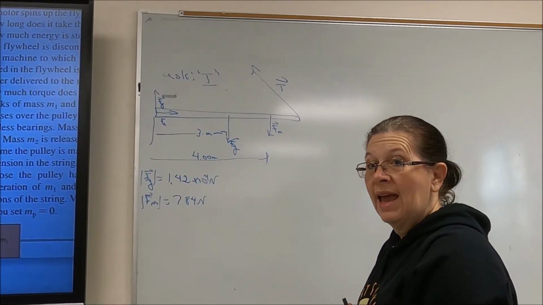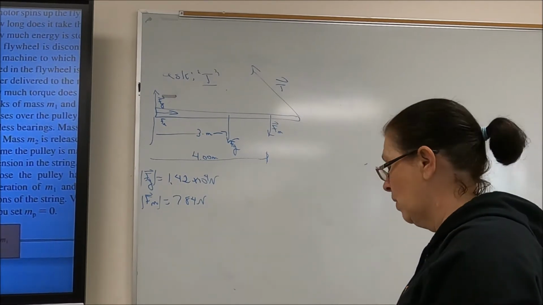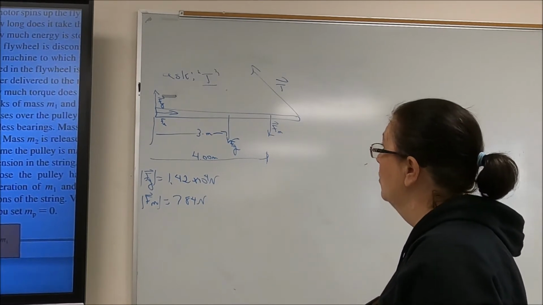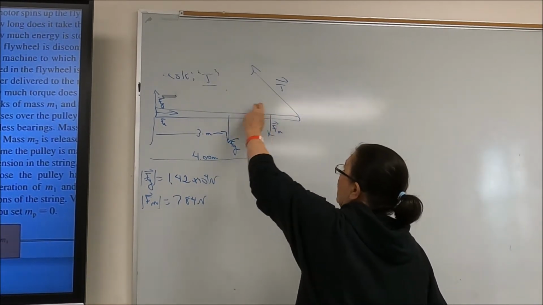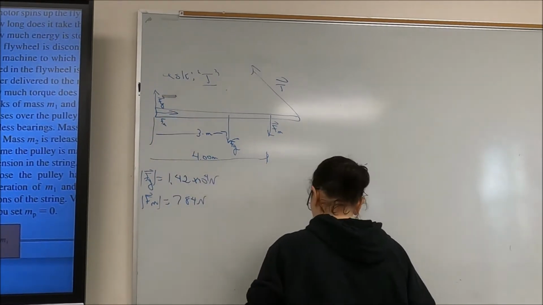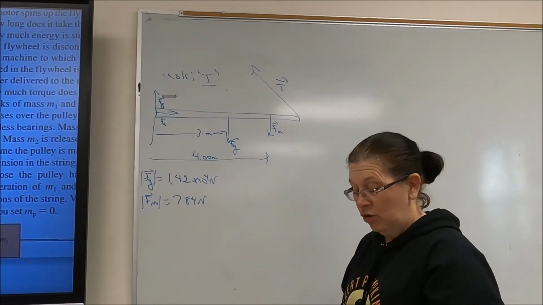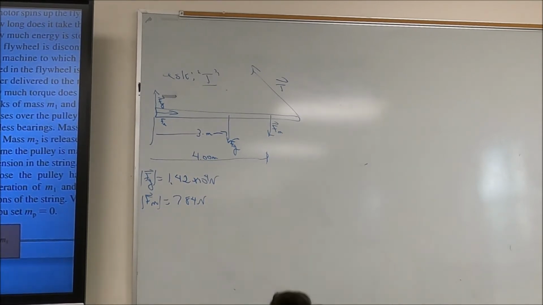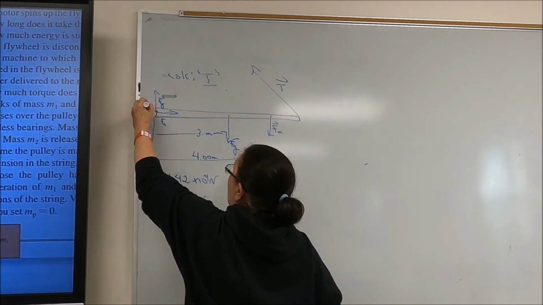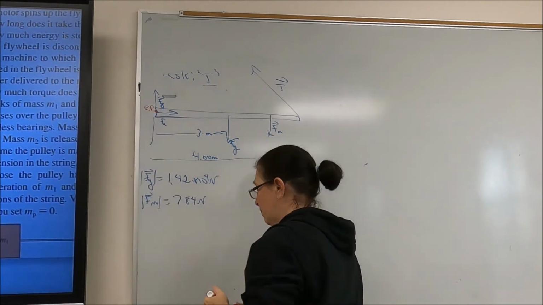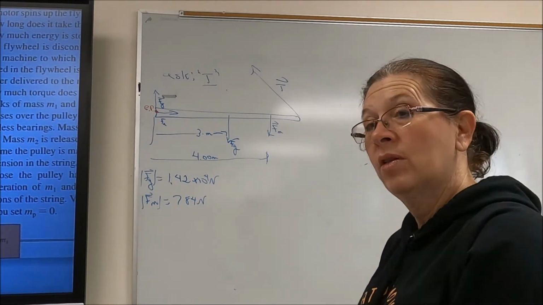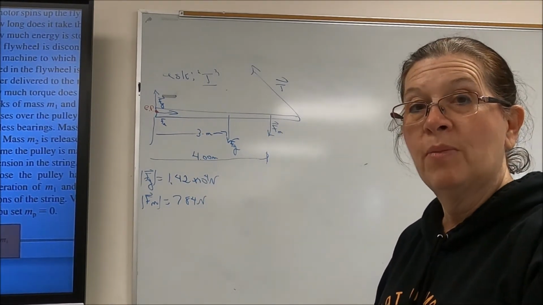So this is one of those cases where I need to choose my pivot point carefully. Notice that in this diagram, we have 3 unknown forces: the tension, force X from the wall, force Y from the wall. But tension is what I want to know. So the best thing to do is pick my pivot point here, because we know any forces acting through the pivot point will not cause a rotation about that pivot point.